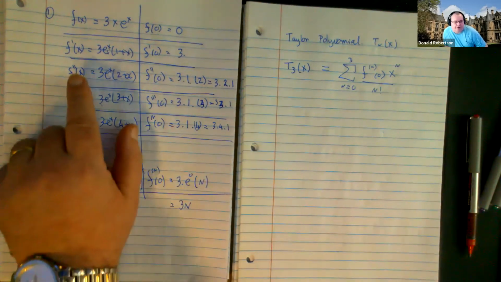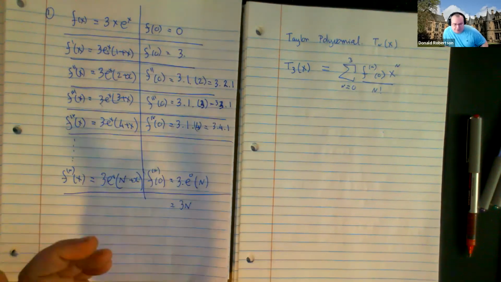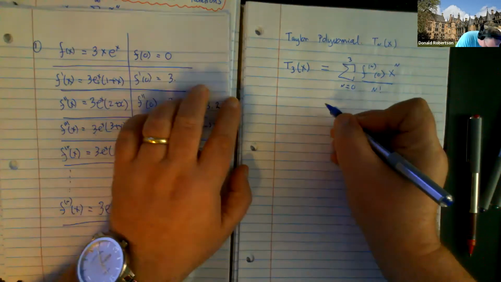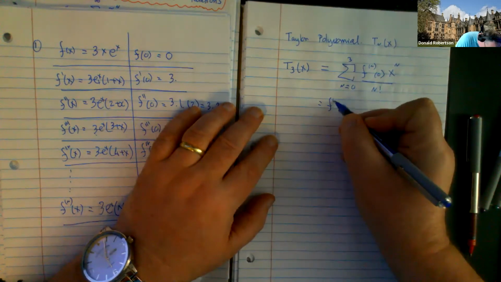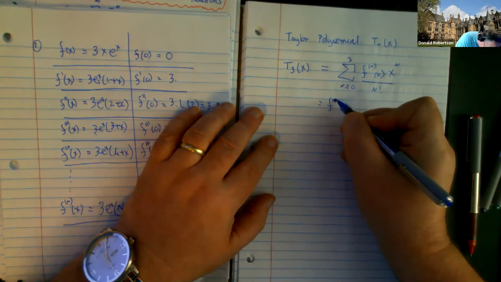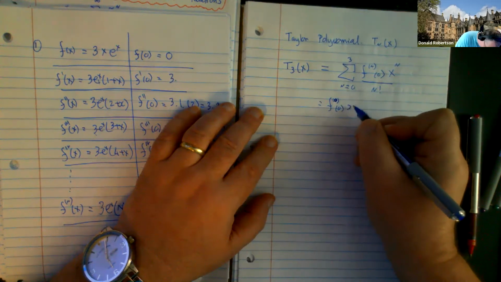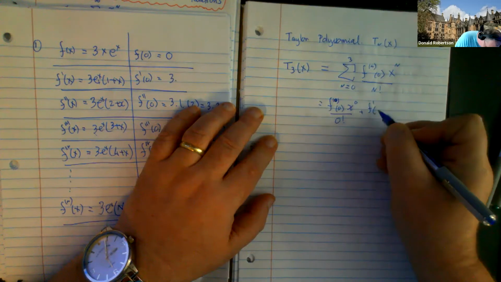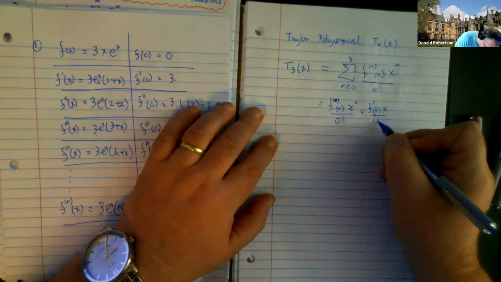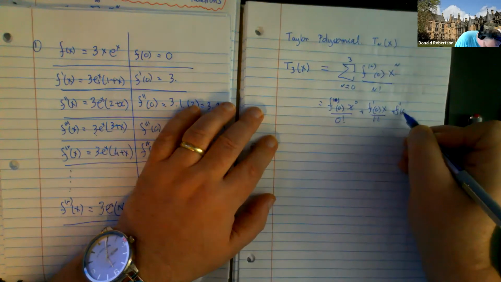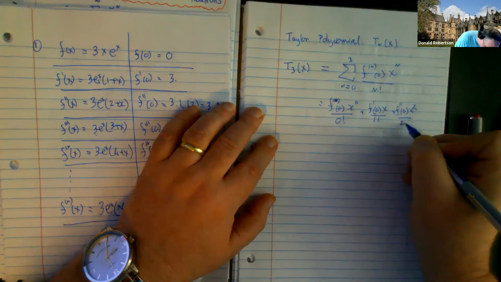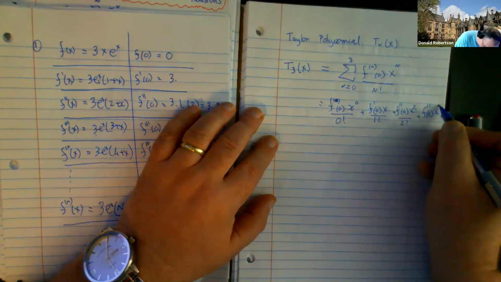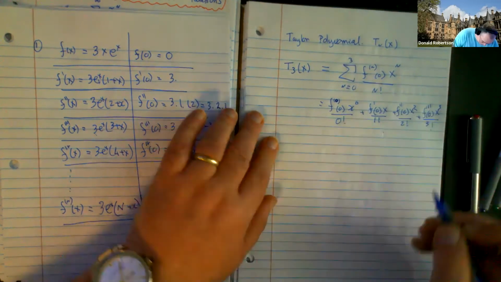Now, since I want to do this function and I've got all the numbers I want, let's pretend we didn't know the formula. It would go something like this. The 0 derivative at 0, x to the 0 over 0 factorial. The first derivative at 0, x over 1 factorial. The second derivative at 0, x squared over 2 factorial. And finally, the third derivative at 0, x cubed over 3 factorial.